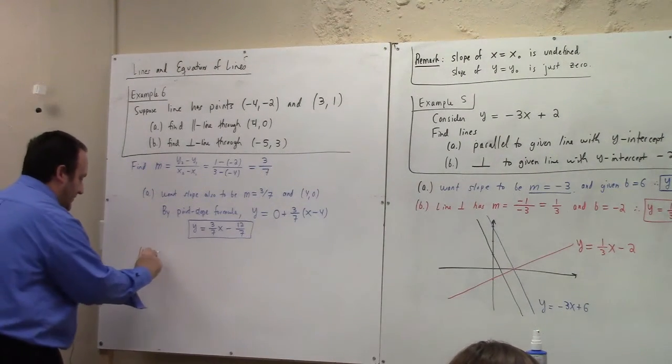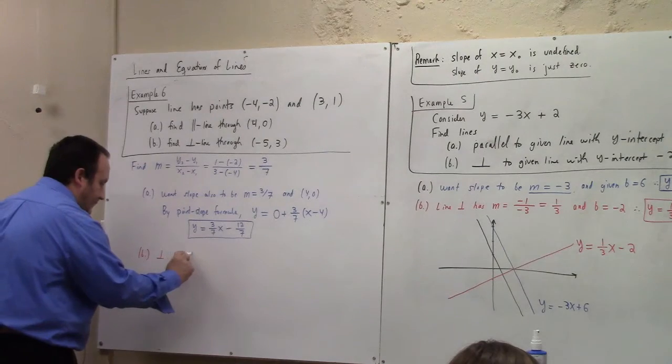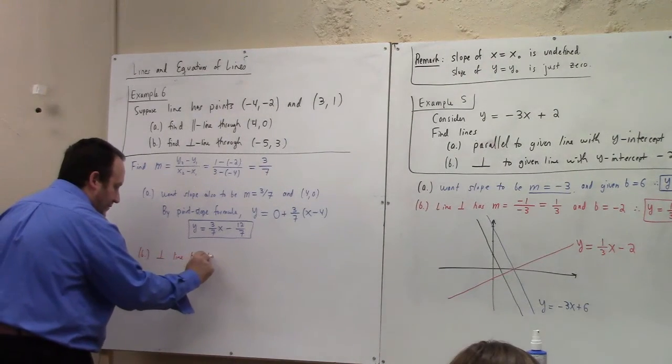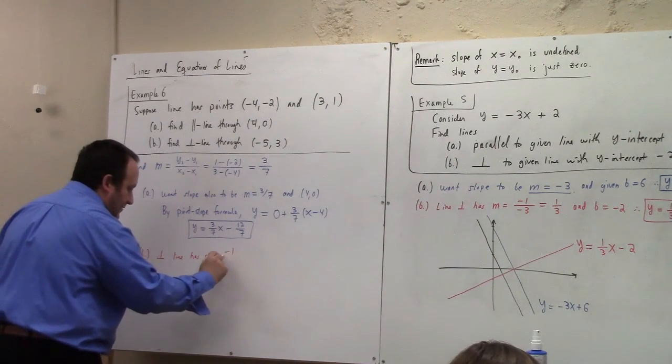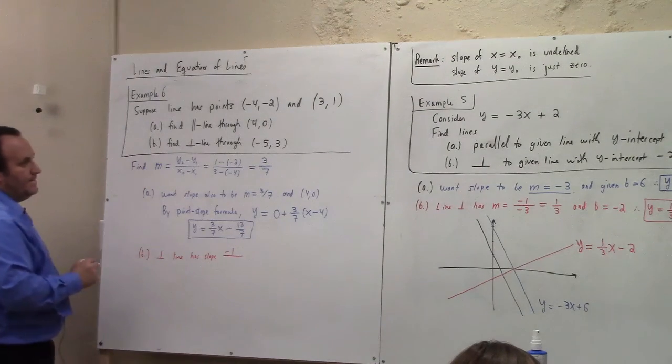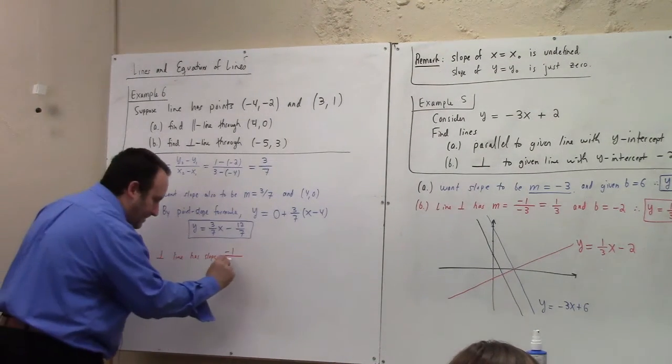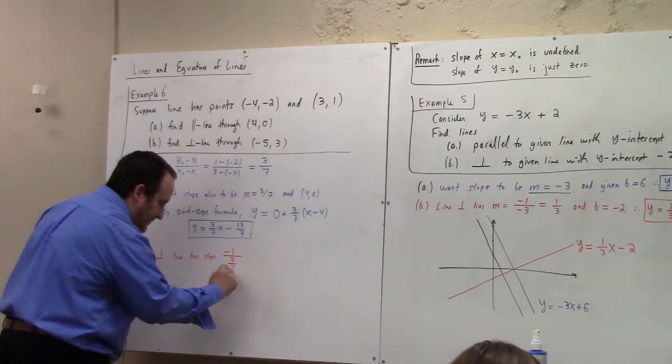So we want the perpendicular line, which has slope minus 1 over what? 3/7, right? And what's that equal to?